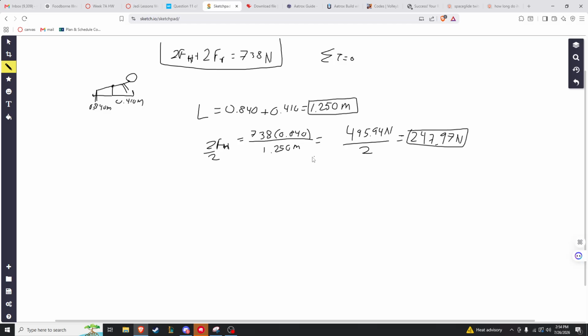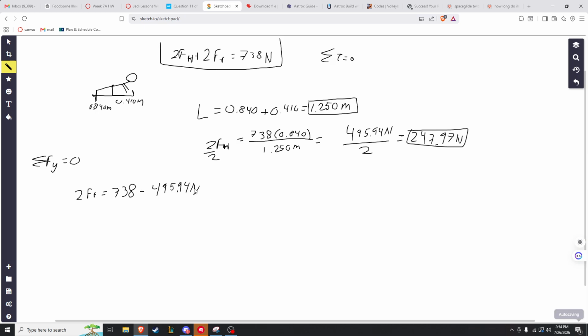We're also going to use the sum of vertical forces for the feet. Because we figured out the overall force of both hands, we can use that to solve for the force of the feet. 2 F_F is equal to 738, his total weight, minus the combined force of the two hands, 495.94 newtons.